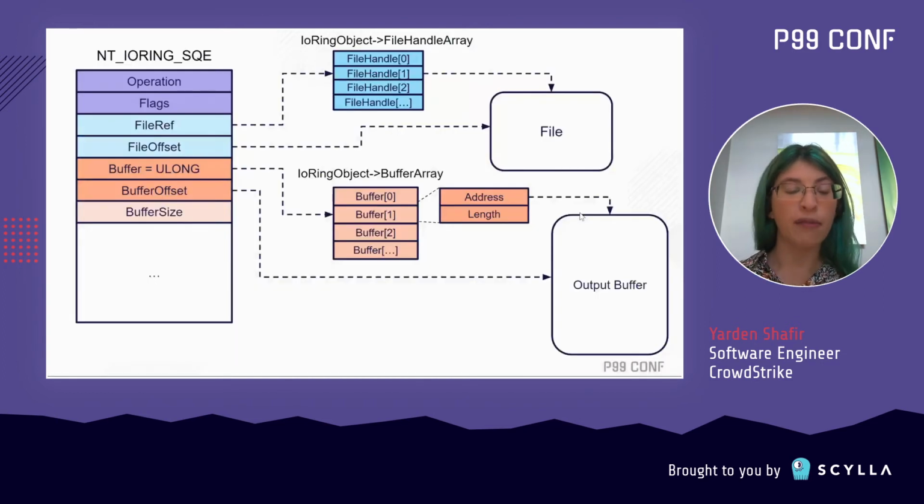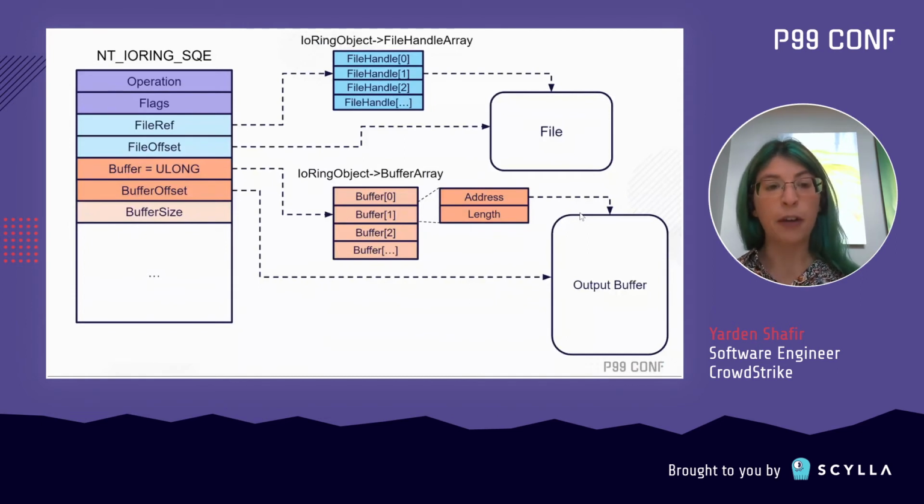So for the more visual learners here, this is pretty much what it looks like. Every SQE, submission queue entry, if the diagram was bigger, then we would see that the SQE is actually part of the whole submission queue, and after the SQE there is another one, another one, and another one. But if we look at one SQE, it has an operation and flags, and then it has a file ref and an offset.